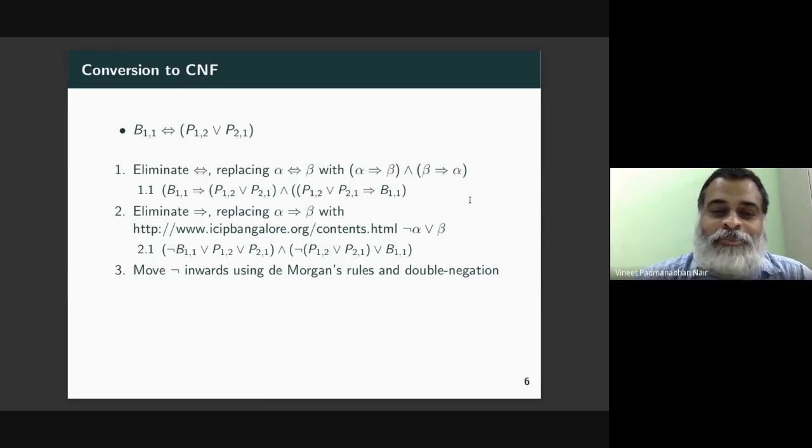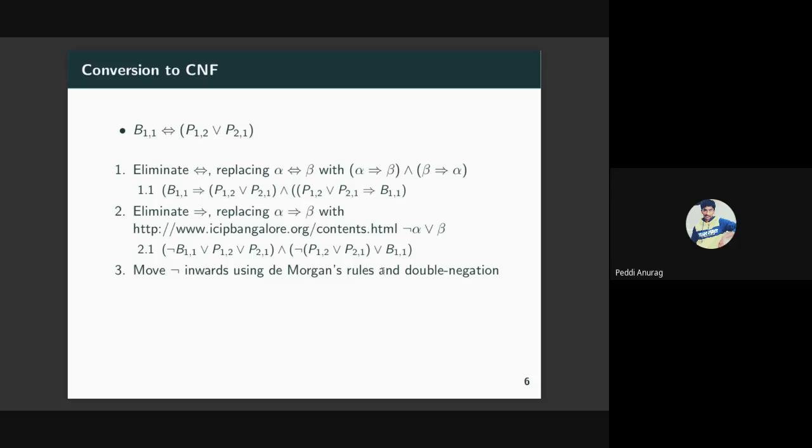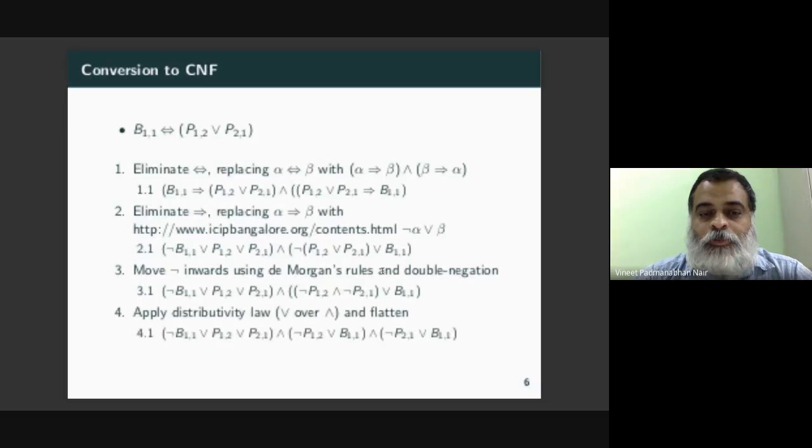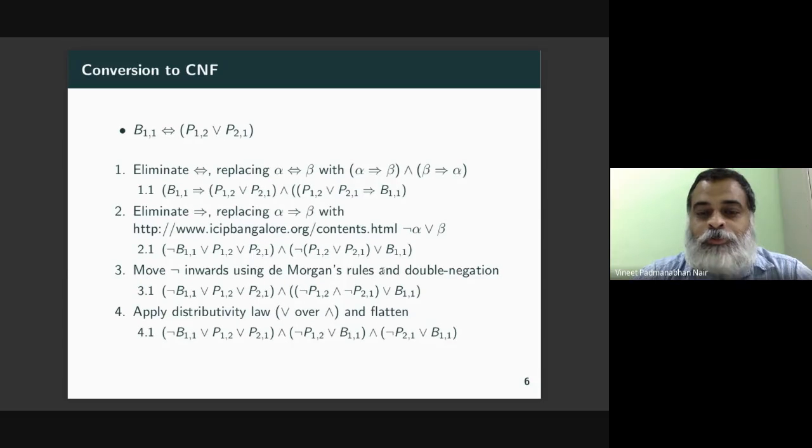But here in the second one, something is happening. Distribute the disjunction over the conjunction, which we get from De Morgan's law. Okay. So this is what somebody was answering now. So you have flattened that.